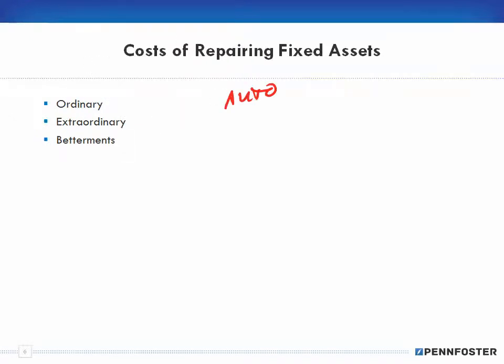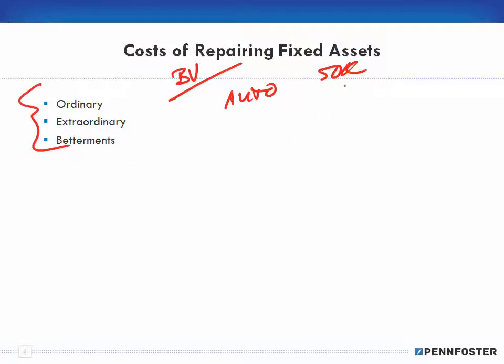If we buy an automobile, and what I'm talking about here is the book value, if I buy an automobile brand new and it costs $50,000, and I know I'm repeating myself, but this will help you to better understand these three categories.